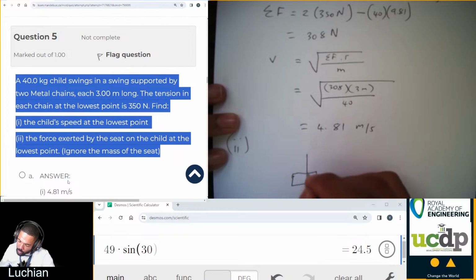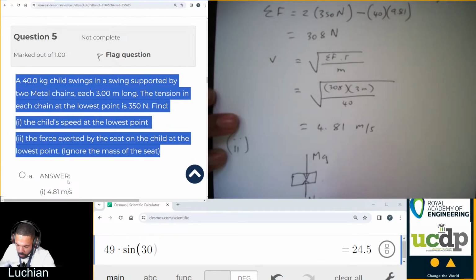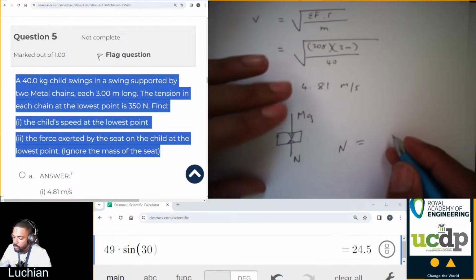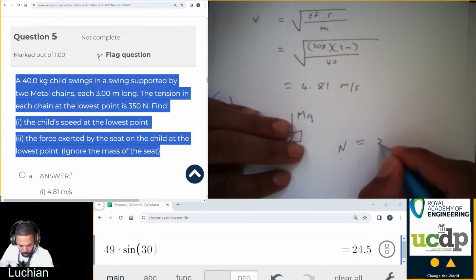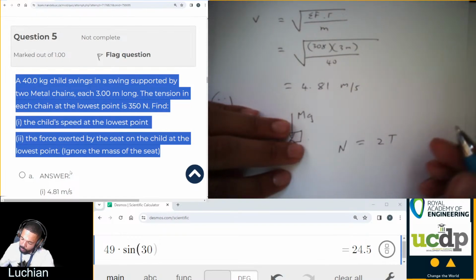Now we have the weight of the child acting on it, this mg, and then we have the normal force opposite to that. Now, since the child is not flying upwards or smashing through the seat, we assume that the normal force is equal to 2 times the tension.